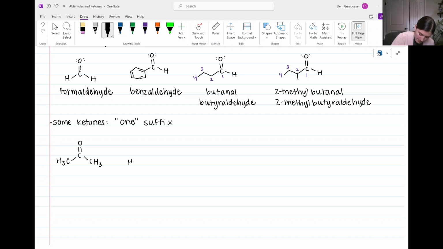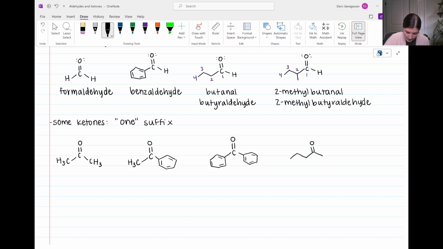Second one, we will have a methyl group and a phenyl group. Next one we'll have two phenyl groups. Then we will have a carbon chain with a ketone, and then we'll do a ring with a ketone.